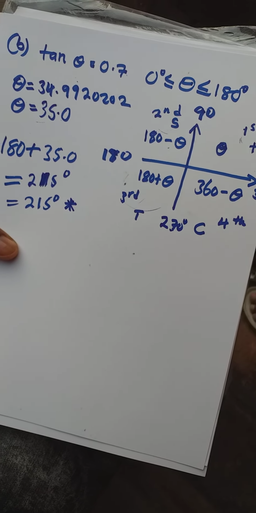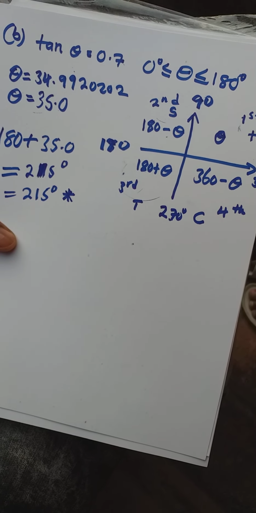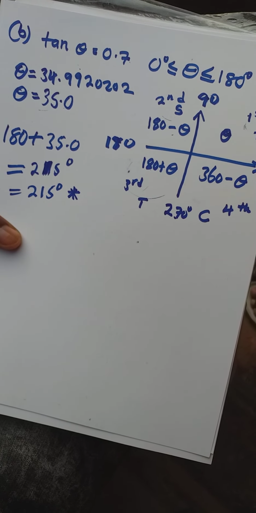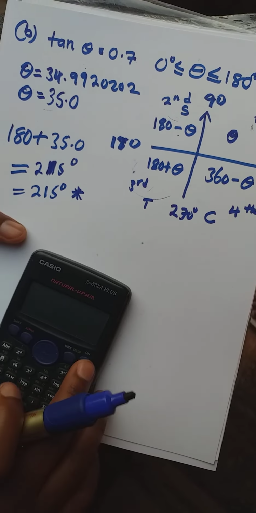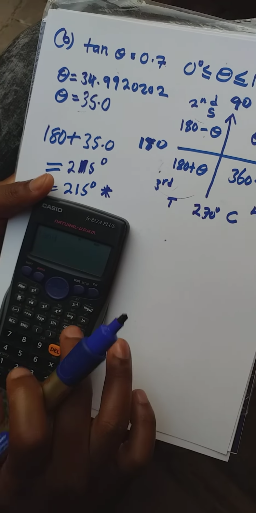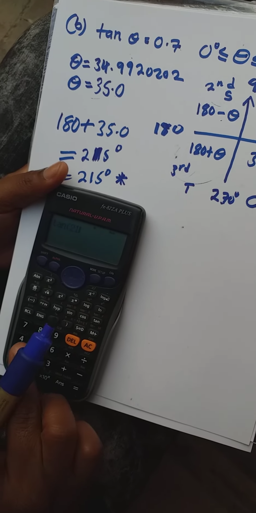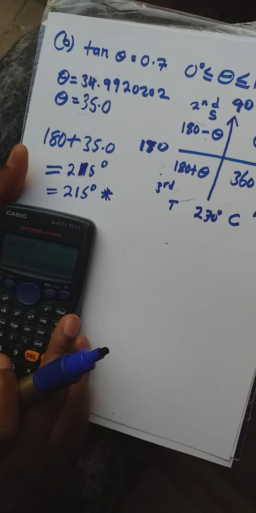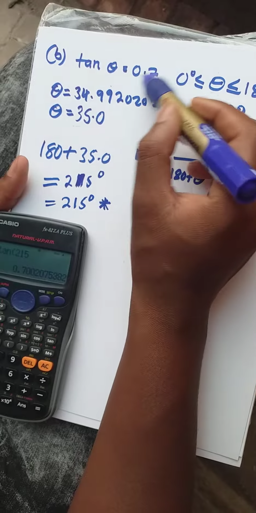So if you try to punch on your calculator tan 215, the one I found as the second angle, you're going to find that your answer is actually 0.7.